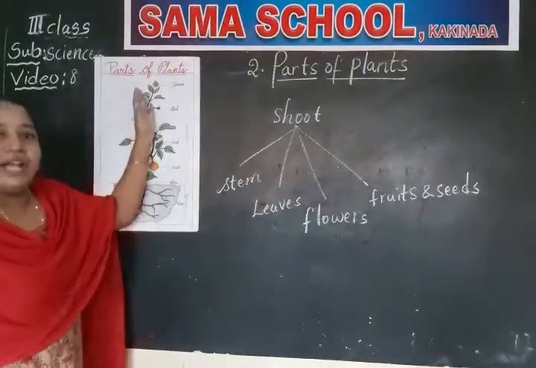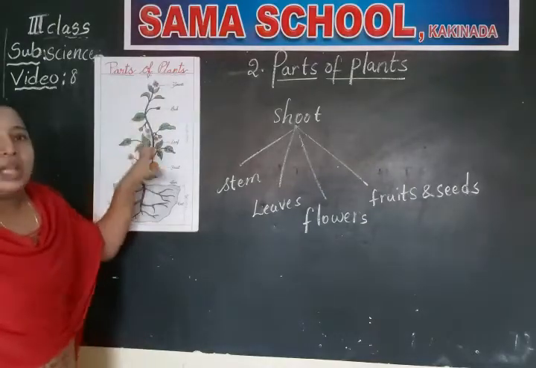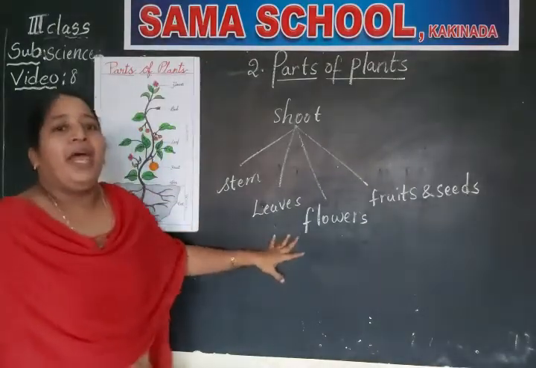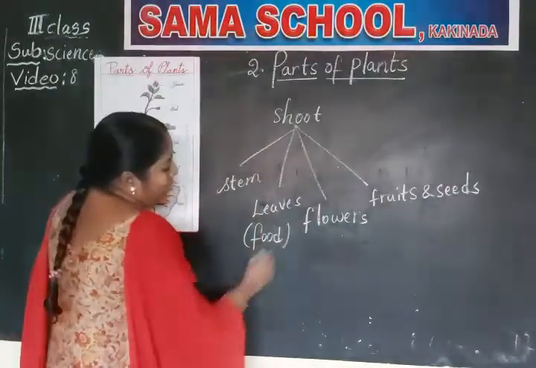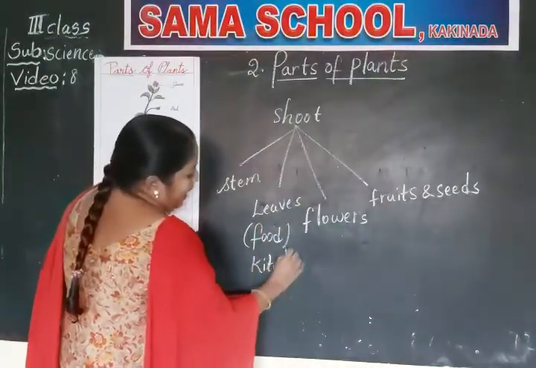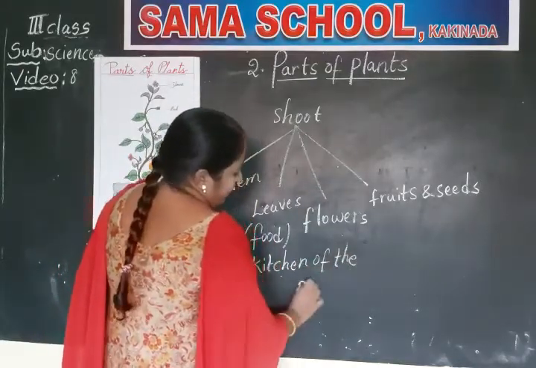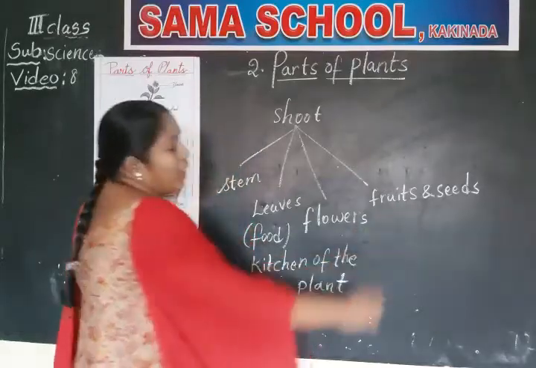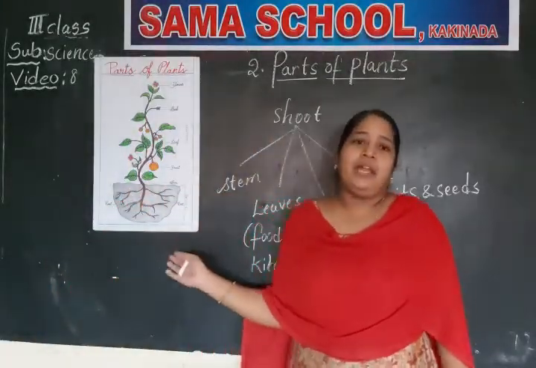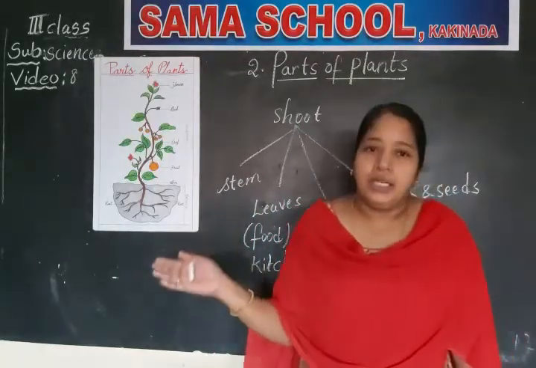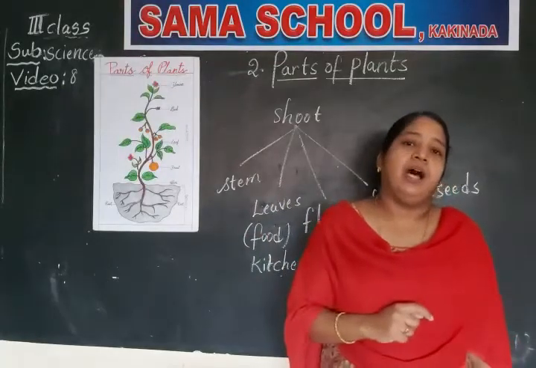And leaves, already you learned that leaves are the kitchen of the plant. In a plant we have so many parts, but among all the parts, the food is prepared in the leaves. That's why the leaf is called the kitchen of the plant. Already you have learned how the leaf prepares food by using water, sunlight, chlorophyll and carbon dioxide from the air.